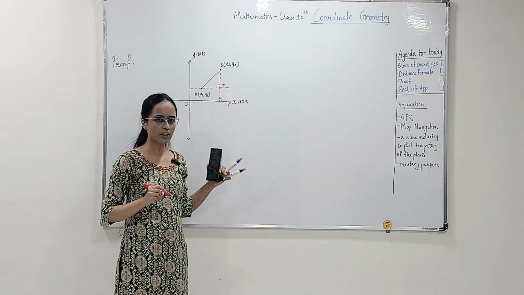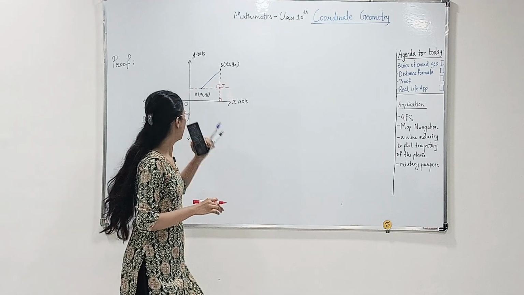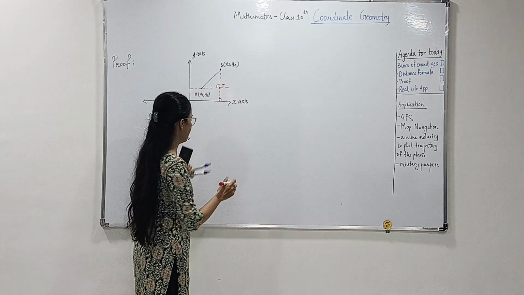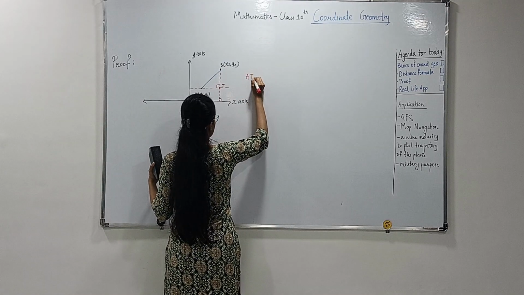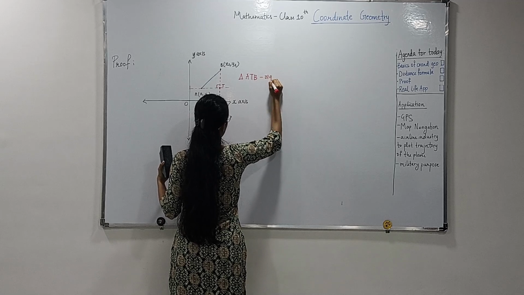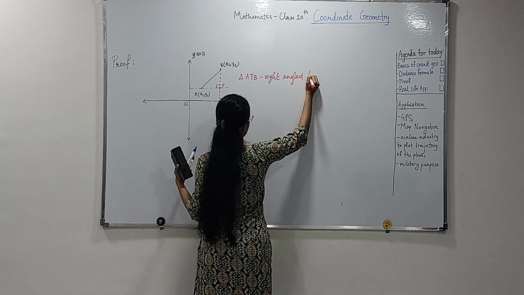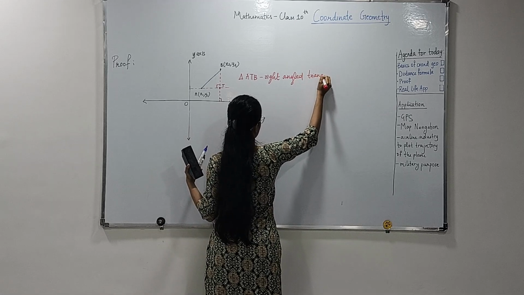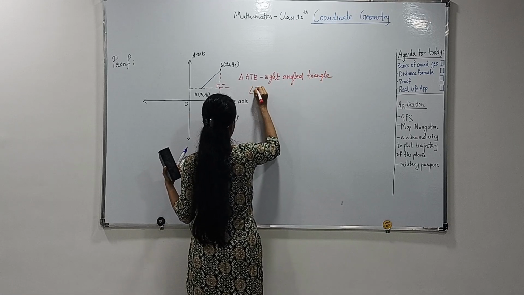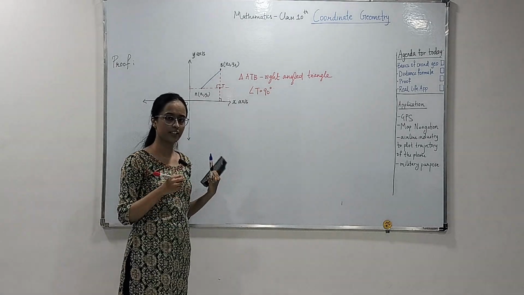And if you closely observe, then we have got a triangle ATB, which is a right angled triangle where angle T equals 90 degrees. How are we sure that it is 90 degrees?